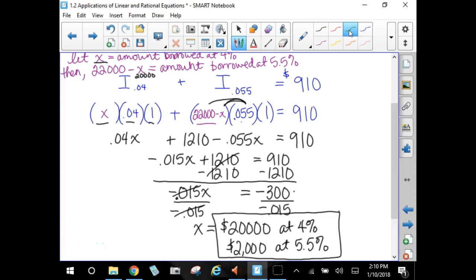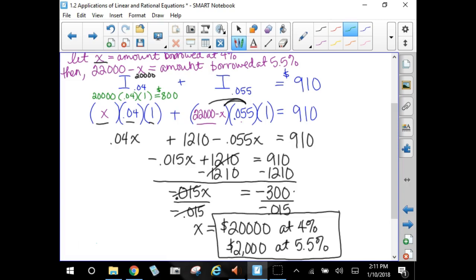I say let's take each of these principal amounts for each of the two accounts, sub those back in, and see how much interest she paid at 4%. Remember, interest is the principal amount, $20,000, times the interest rate in decimal form, times the time of 1. That comes out to be $800 she had to pay in interest to borrow that $20,000.